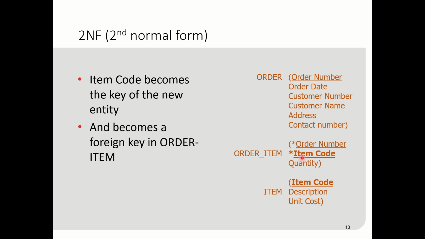And in order to have a combination between them, you make sure that your item code is your foreign key also here, and this combination will act as the primary key to this order item table as well, because for identifying the quantity, you need both pieces of information to be there in the table, right? And so now you understand that it is in the second normal form.